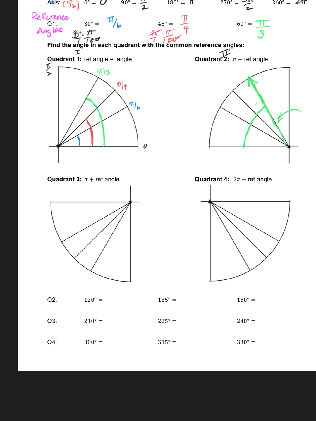This is your axis here. This is pi over 2, and not pi, I apologize. Up here is pi over 2, so this angle came around from here, around here. What's my reference angle? What's the difference between that angle and the axis?